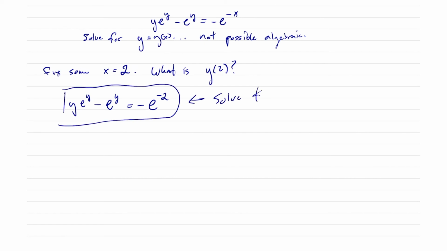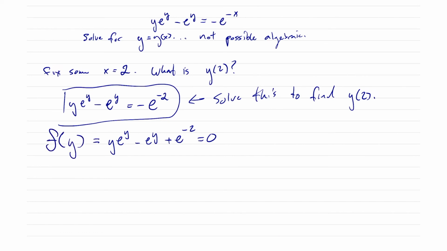So we solve this to find y of 2. Well, we can rewrite this like this, and it becomes y times e to the y minus e to the y plus e to the minus 2 is equal to 0. And so we can reframe this whole problem as f of y is equal to 0.